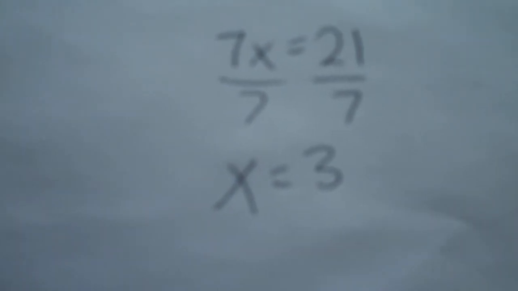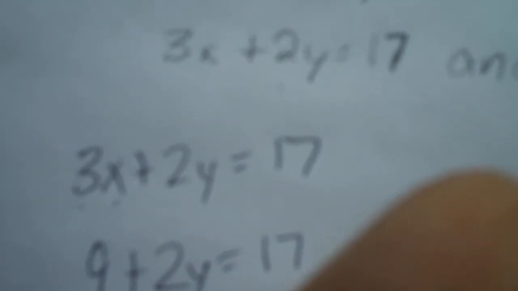Now I could go back to any of these equations up top, and I'll just choose this one real fast: 3x plus 2y equals 17. I now know that x equals 3, so 3 times 3, because that's the value of x, equals 9. 9 plus 2y equals 17.